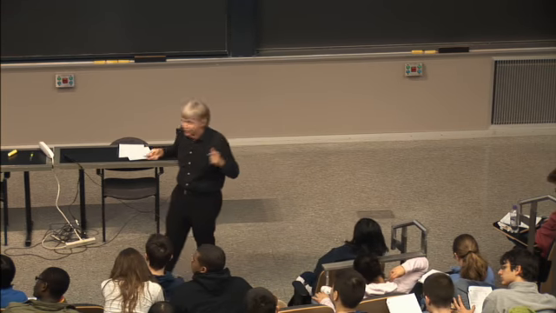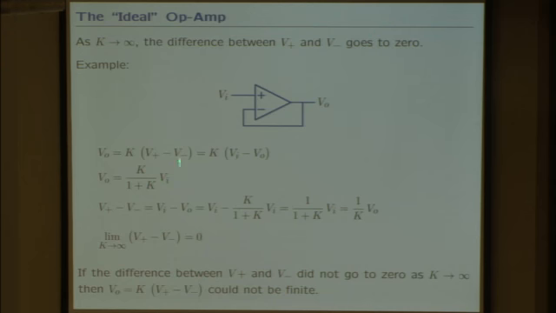That's the answer. Take that answer and back substitute to figure out how big was the difference between V plus and V minus. That's just algebra. And what you see is that V plus minus V minus can be written as a fraction of VI or a similar fraction of VO.